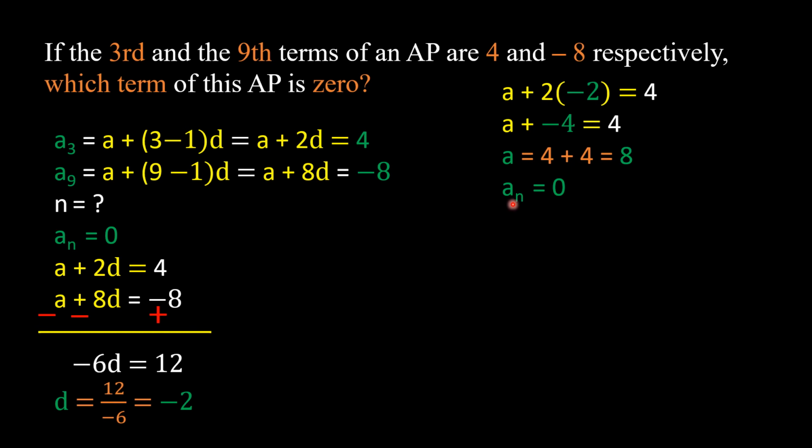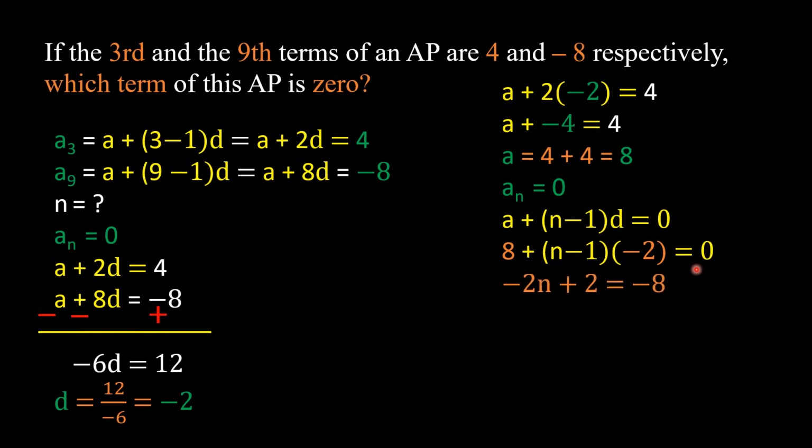Now we have an equals 0. So we write a plus n minus 1 into d equals 0. We will substitute the values of a and d. We will write a equals 8 and d equals minus 2. We will send this 8 to the right hand side, so it will become minus 8, and minus 2 multiplied by n minus 1 multiplied by minus 2 plus 2.